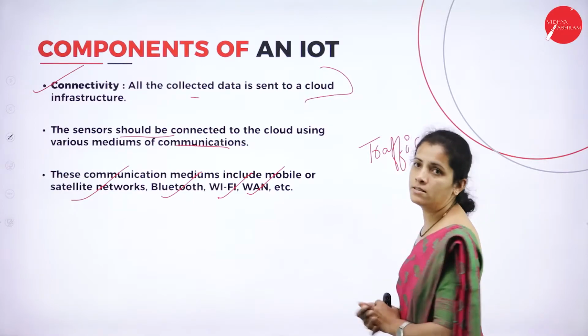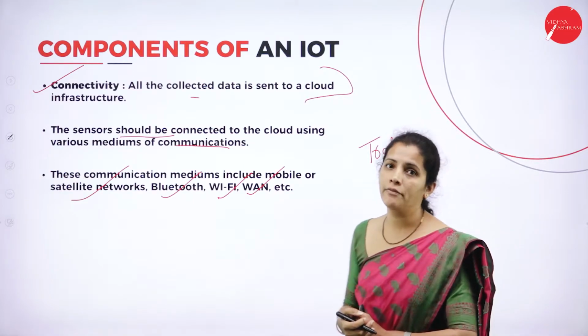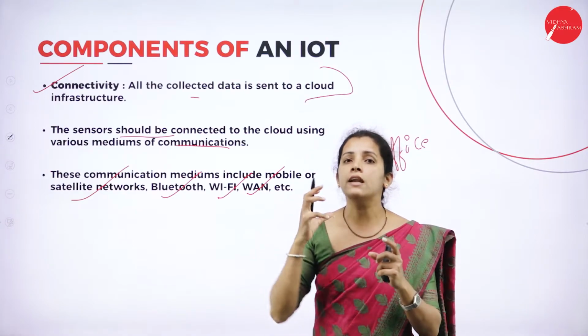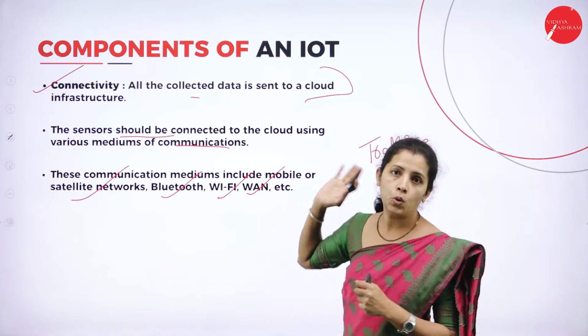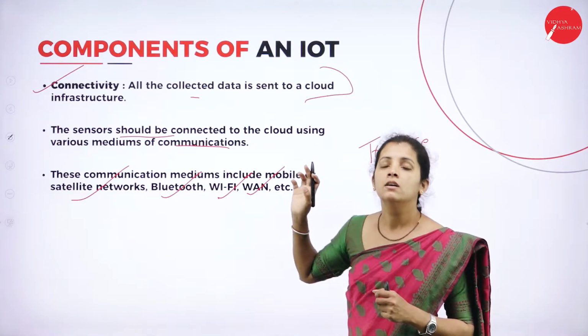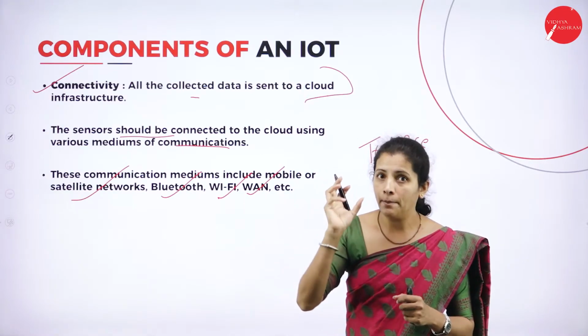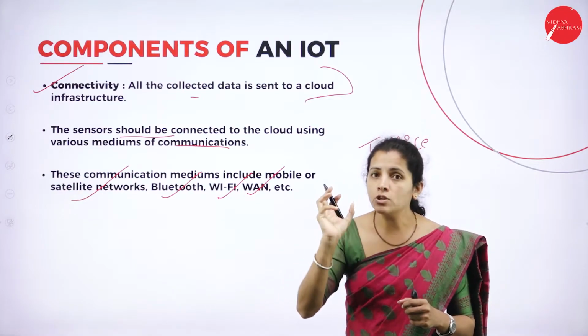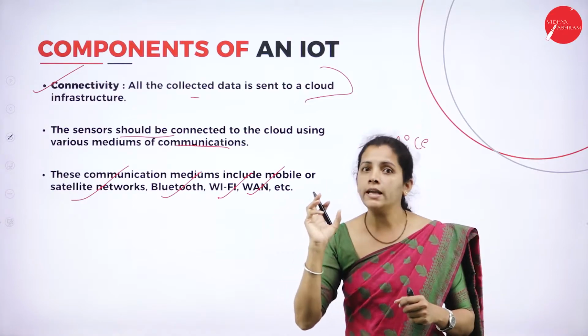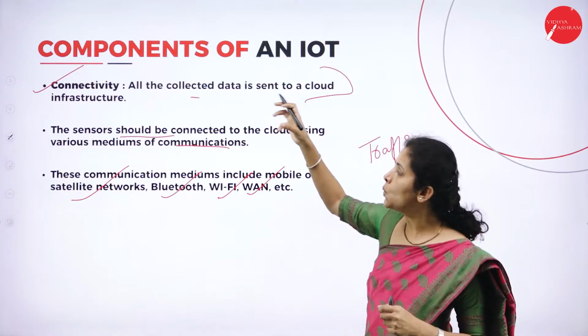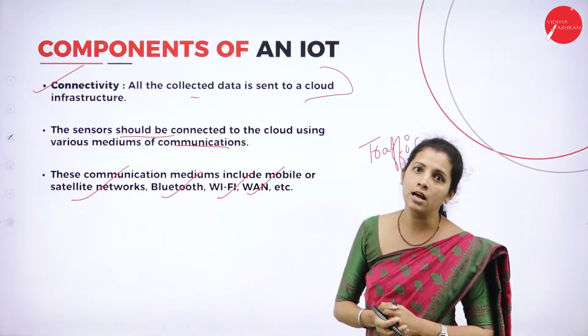Traffic management system. If I consider traffic, how is it managed by using IoT? We have a camera responsible for sensing the data, and all the captured data are stored in the cloud infrastructure.